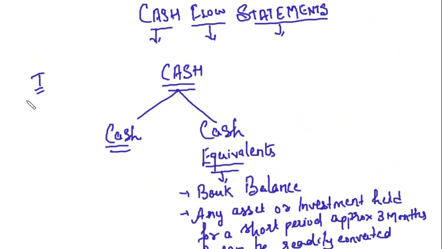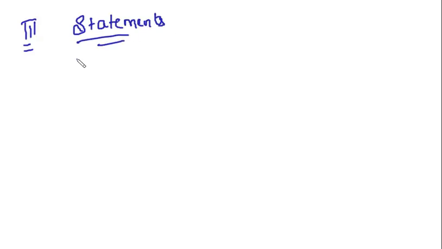Now we have done cash, we have done flow. Next is statements. Right? Third is statements. What are statements? Recording inflow and outflow of cash.